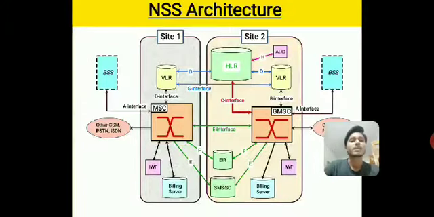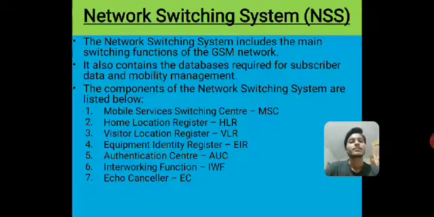NSS architecture. This is the NSS architecture. This is site 1 and this is site 2. The NSS architecture is divided into two parts. Network switching system, NSS. The network switching system includes the main switching function of the GSM network. It also contains the database required for subscriber data and mobility management.